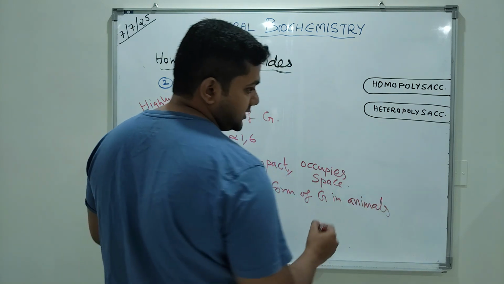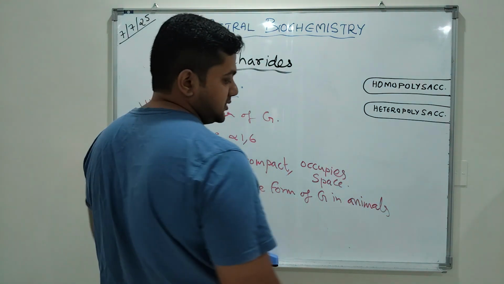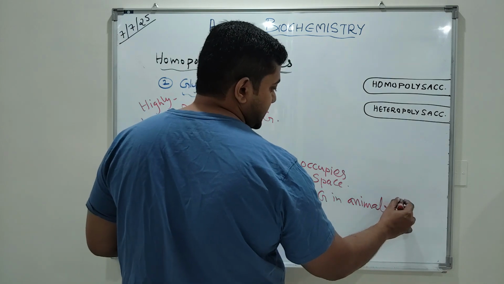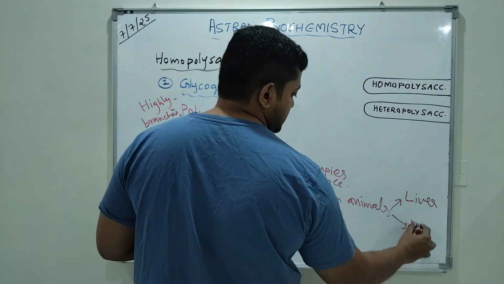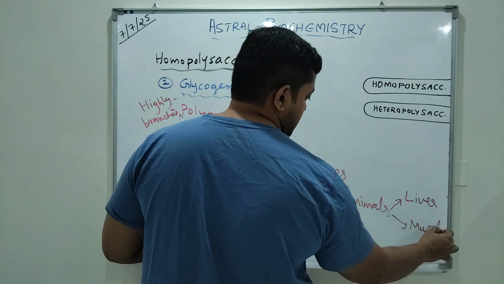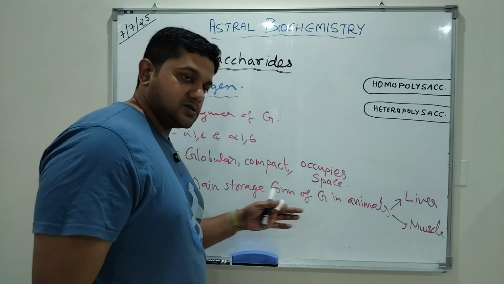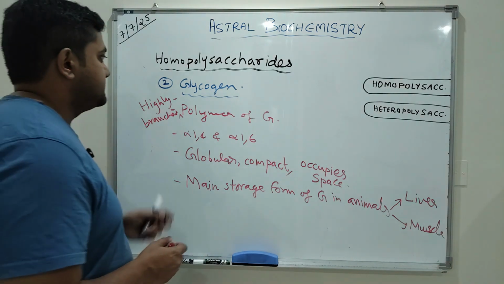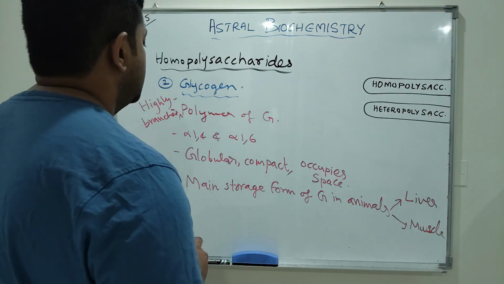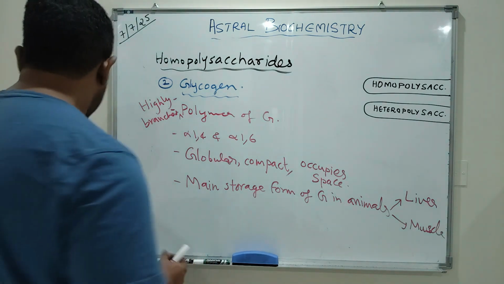So in plants it is starch, in animals the storage form is glycogen. In animals it can be stored in two places: in the liver as liver glycogen, and also as muscle glycogen. So I guess that's about glycogen.